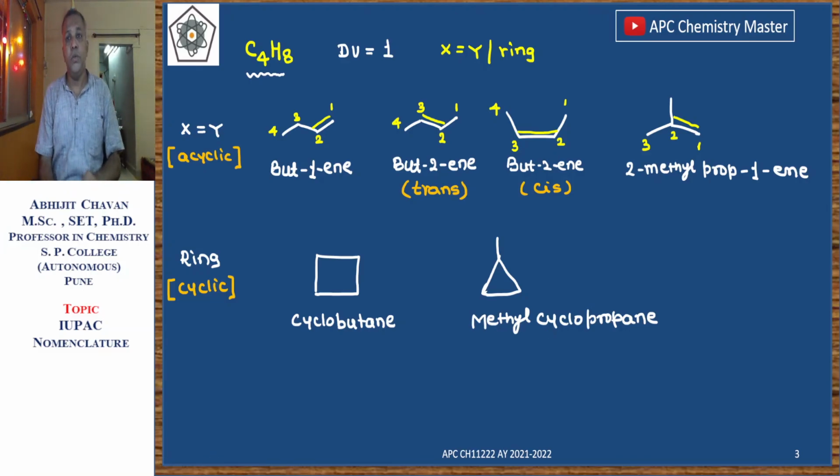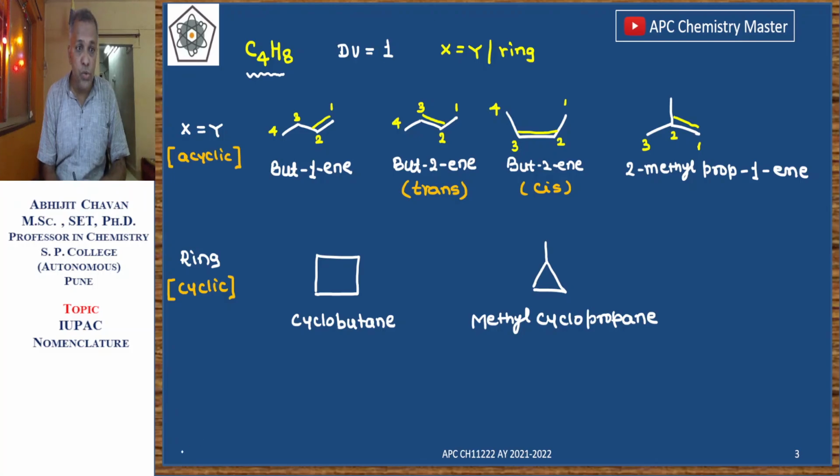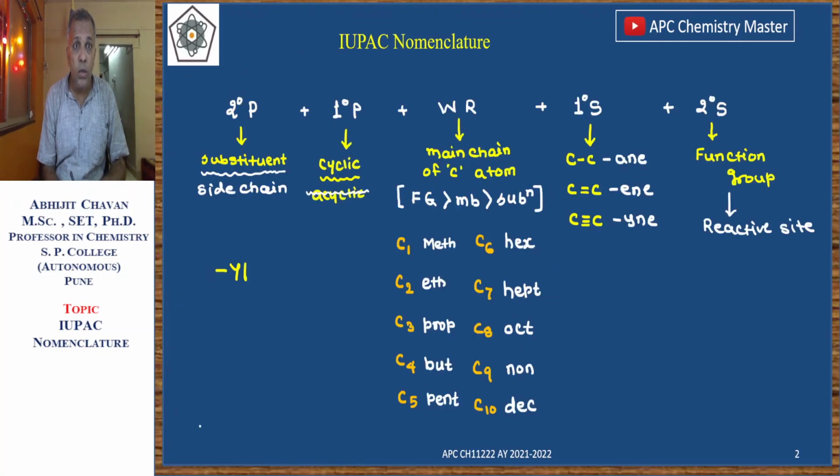I hope you are clear about how to draw the structures, and on the basis of the structure, how you are going to name any organic compound using a simple rule: secondary prefix, primary prefix, word root, primary suffix, and secondary suffix.